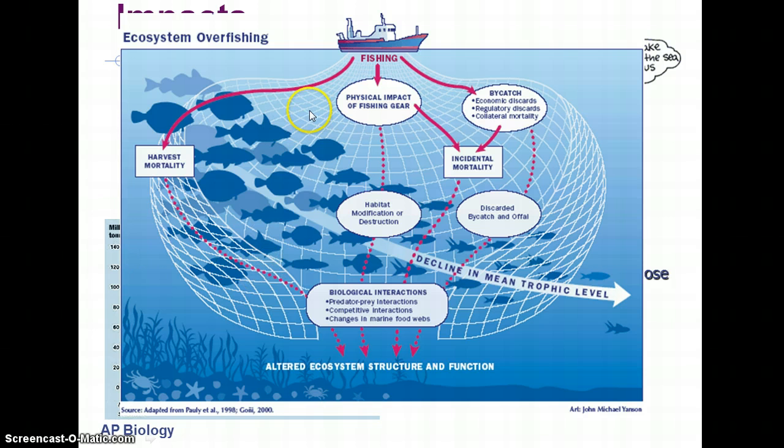We harvest everything. The bycatch is just thrown out and usually dead, and so we discard that. So basically in every way possible it's messing up the ecosystems. So with taking those out, you get the predator-prey interactions that are messed up, the competitive, and changes in the food web.